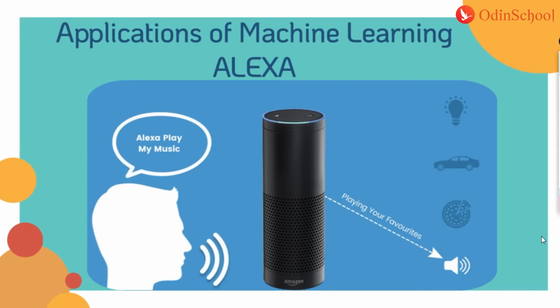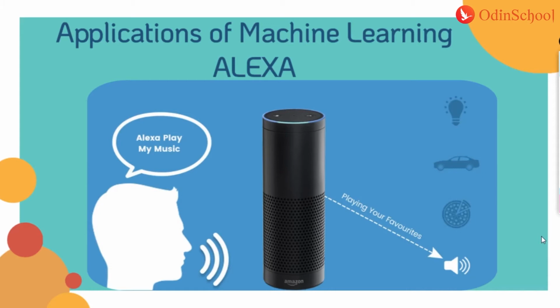Alexa is like a voice box which has an interface where you just say, okay Alexa, play my favorite music, and Alexa plays the music which you mostly watch or frequently hear. Or if you ask Alexa what is the score for today's match, Alexa tells you the score.